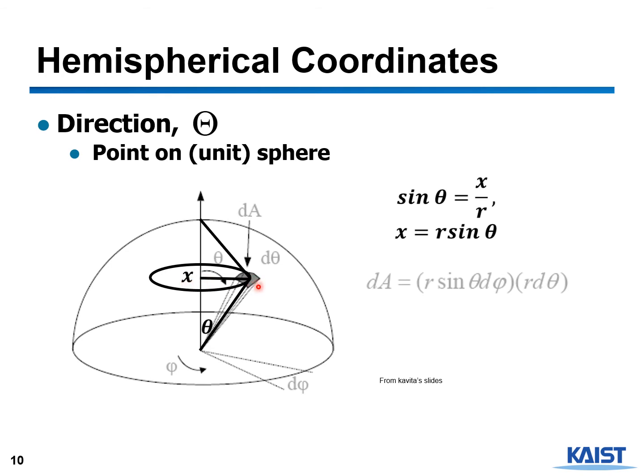Then by the definition of sine theta, sine theta is x divided by r, right? Then we want to measure this x, so x becomes r multiplied by sine theta, right?